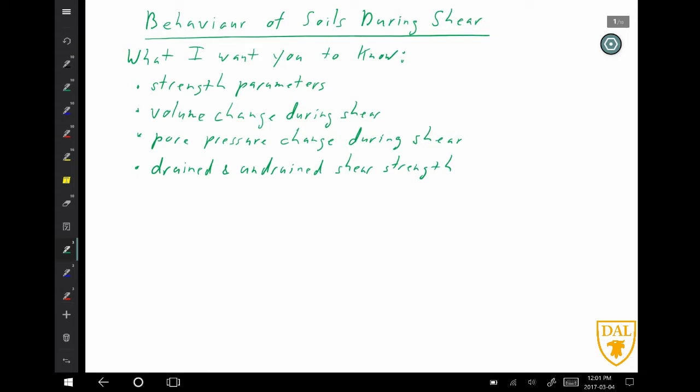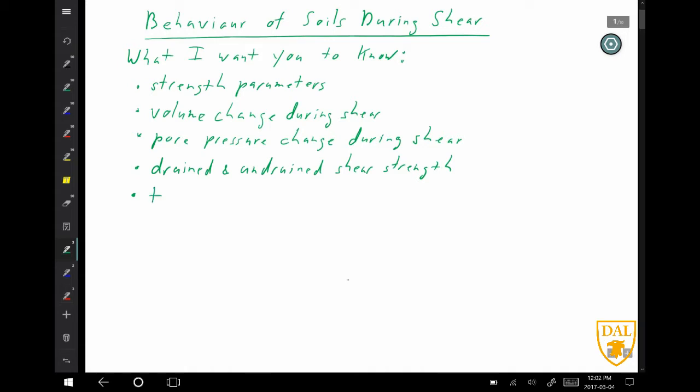That's one of the most important things we want to know for the practical aspects, which condition we have when we're talking about the stability of a slope or a dam. And it's also one of the more challenging issues, I think, maybe in your intro to soil mechanics class. You probably talked briefly about the different kinds of testing, but not so much about the details of what is truly going on. So we'll explore that a little bit more.